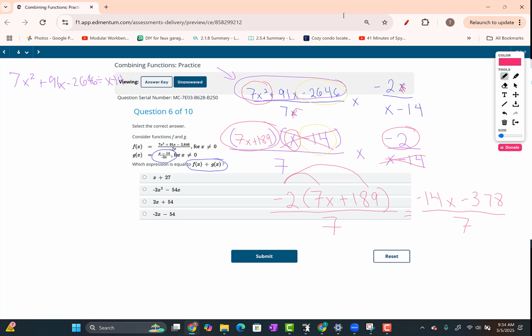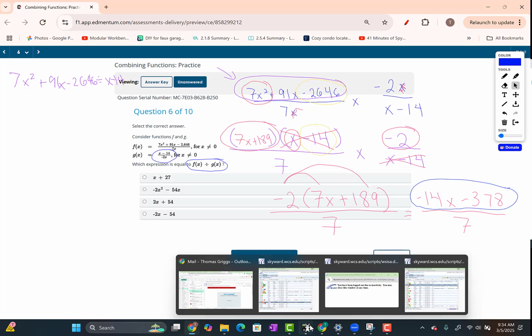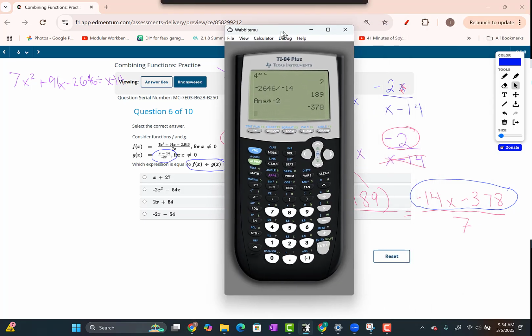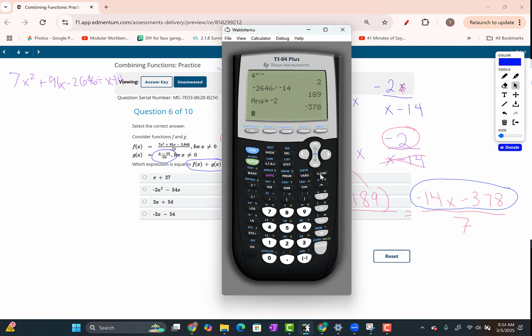So what that tells me, we probably could have found this early on in the problem, but it's fine to do it at the end. What it tells me is we could factor this one more time. There must be a greatest common factor within negative 14x minus 378. Let's try 14. I honestly have no clue.